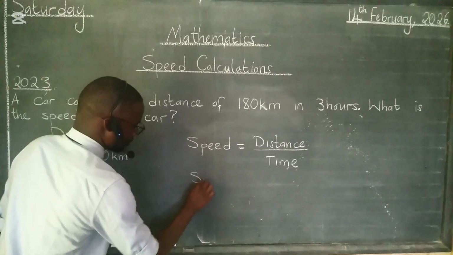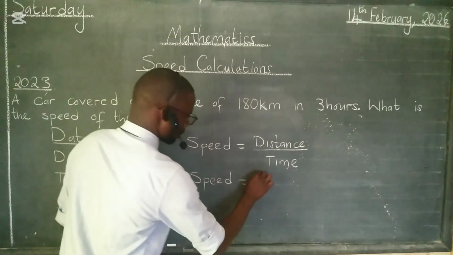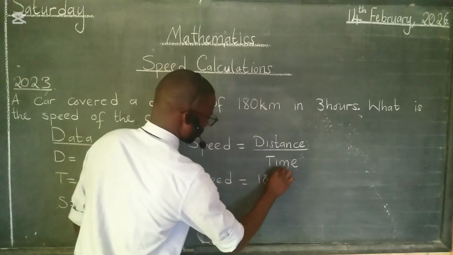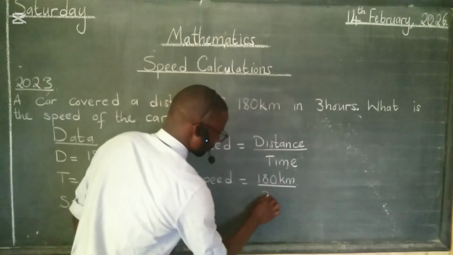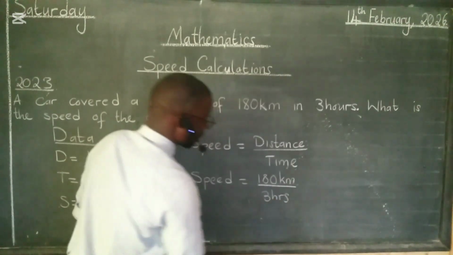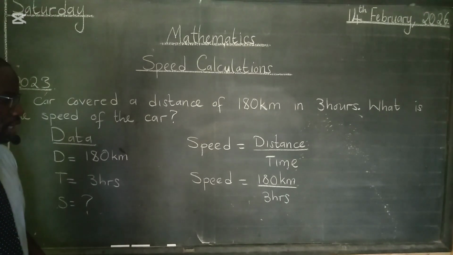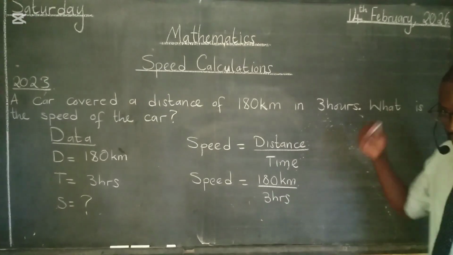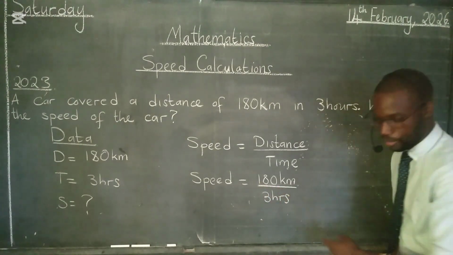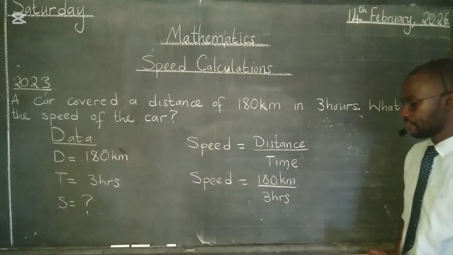As such, my speed will be equal to distance, which is 180 km, over the time, which is 3 HRS. There we just have to divide 180 by 3. Now, to help you understand how we can do this without aching our head, because 180 is quite a number, imagine the 0 is not there.